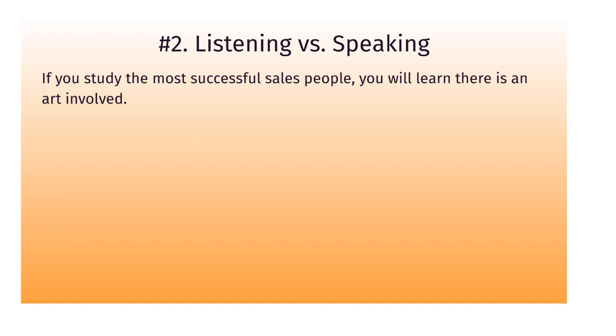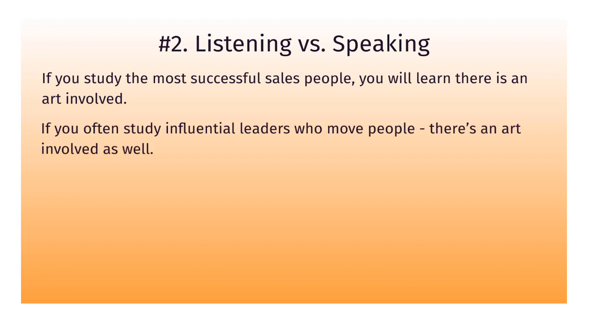If you study the most successful salespeople, you will learn that there is an art involved. And if you study, for example, influential leaders who move people and have people following them, there's an art involved as well. There are several different types of leaders.